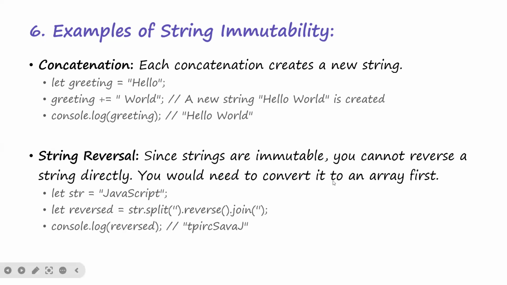Now look at this code. We want to reverse it. What can we do here? We cannot do string reversal right away, but here we were able to use the split method. Remember that with the split method, we split the string based on the parameter, the argument you provide here.